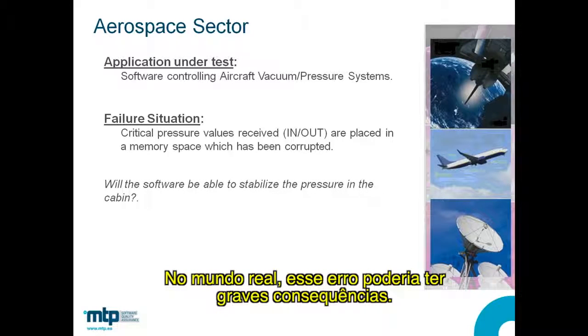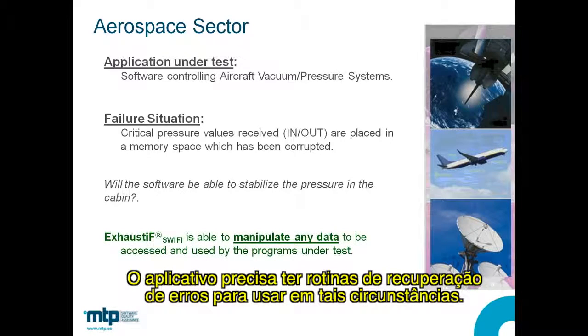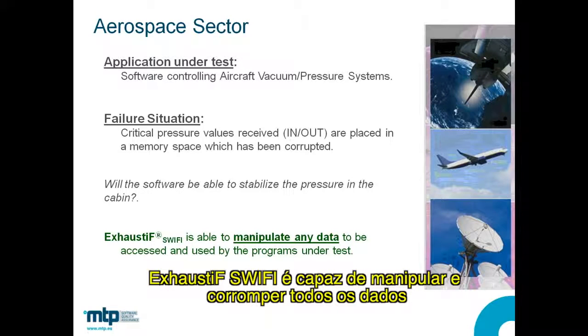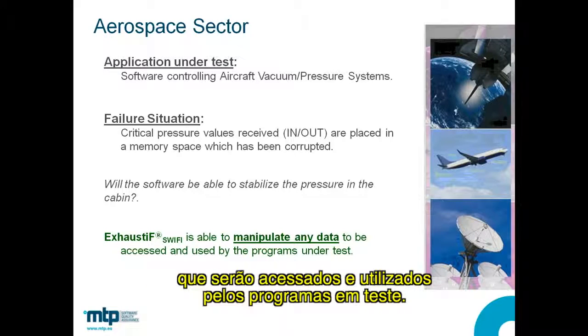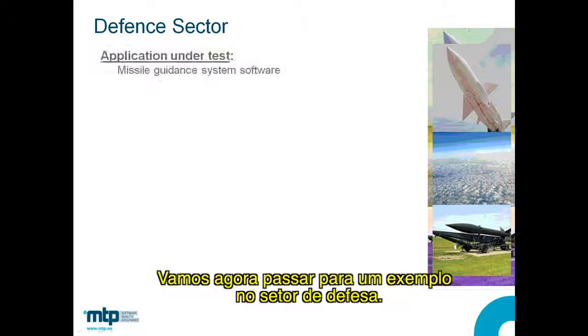In the real world, this error could have serious consequences. The application would need to have error recovery routines to use in such circumstances. ExhaustiF SWIFI is able to manipulate and corrupt any data which will be accessed and used by the programs under test.